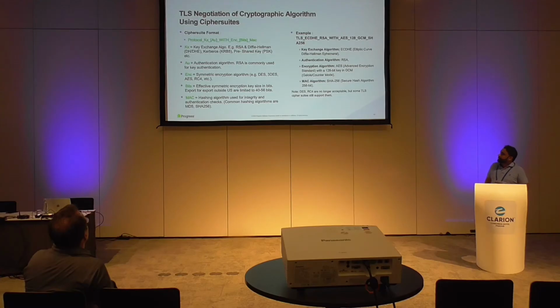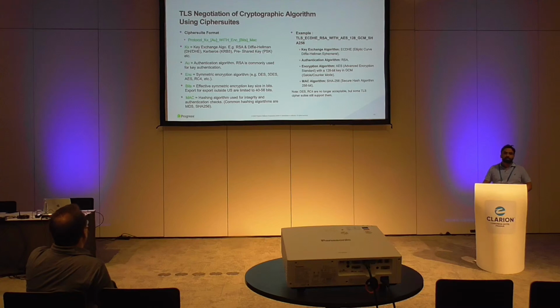Then we have encryption bits. In the key exchange, we exchange the key. Now this one indicates what encryption algorithm and what the size of that key is. Here on the right side, we are using AES 128 GCM. GCM basically points to a mode. Most encryption algorithms come with different modes. Here GCM is one of the supported modes for AES.